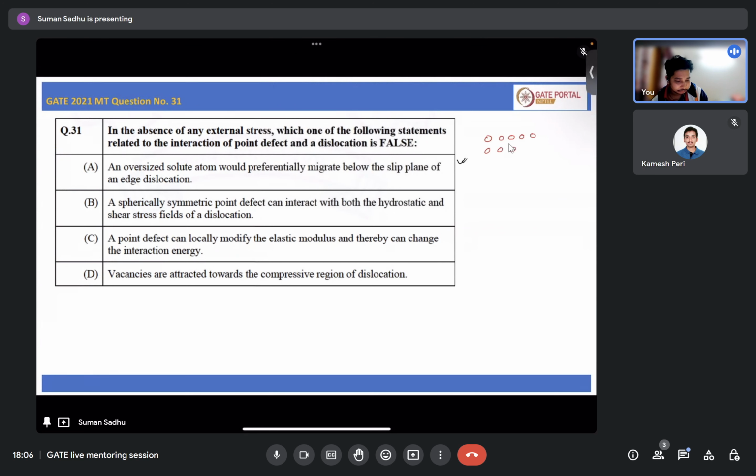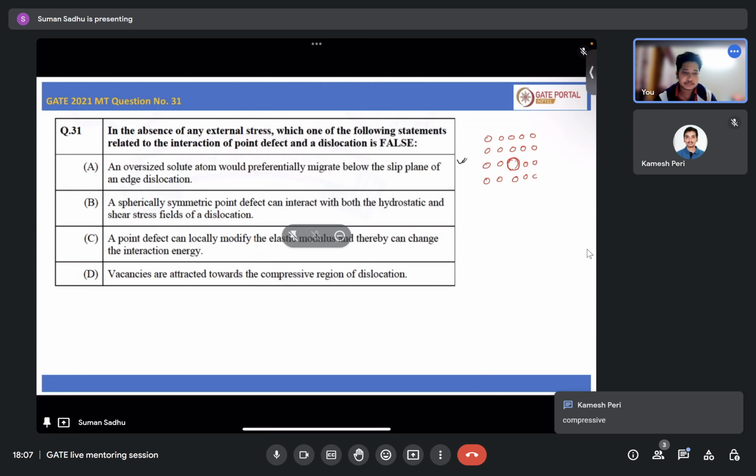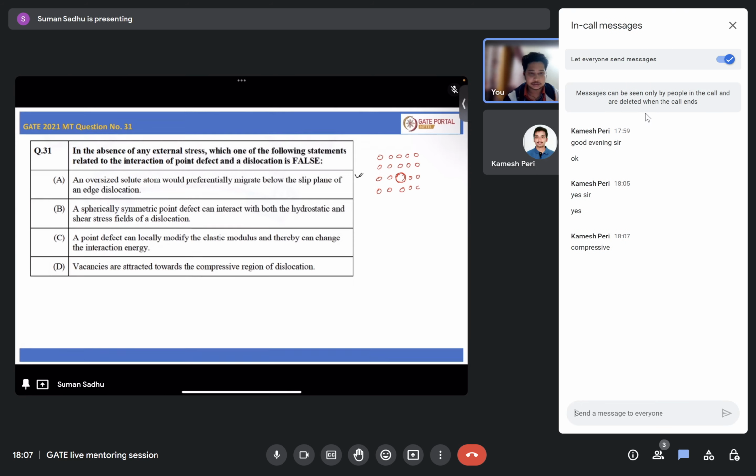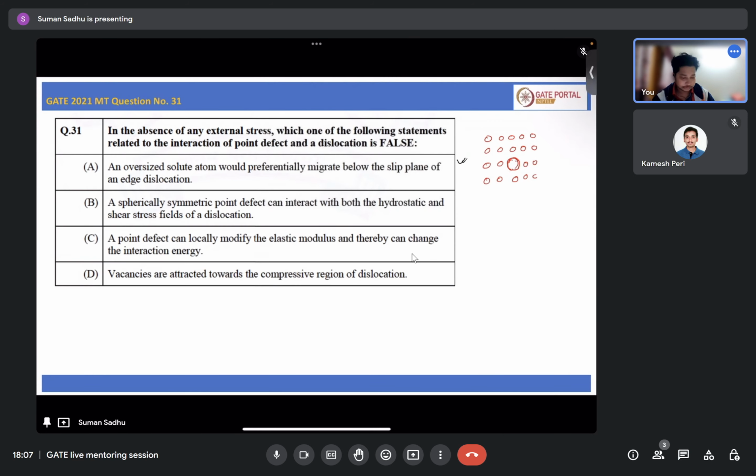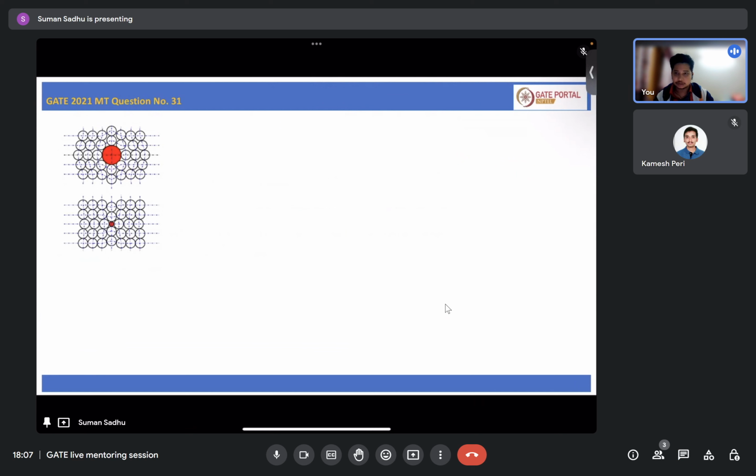Now if you put one oversized atom here, then what kind of stress will it develop in the matrix? Yes, exactly. So as you can see from this diagram, is the next slide visible? Yeah, now it is visible, right?